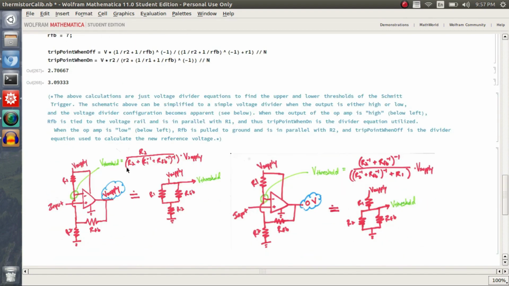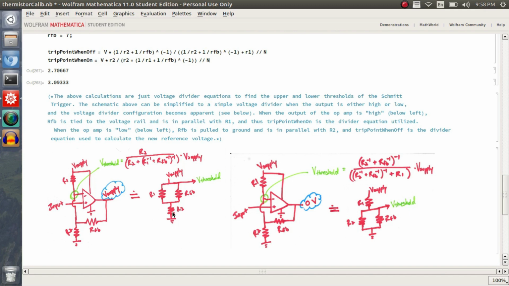When the output of the op-amp is high, for example, that means that the feedback resistor here is tied to high. It's tied to the supply voltage, and so the effective circuit with these three resistors looks like this, right? You have feedback going to supply, R1 going to supply, and then those come together and go both into R2. So that means that the feedback and R1 are in parallel and then feed into R2.